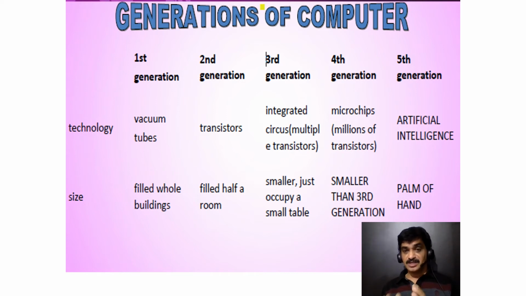That is why it became smaller and smaller compared to the other three generations. In the fifth generation, we are using artificial intelligence. Because of microchips, the size got reduced, and the functionalities and reliability of the computers also gradually increased.